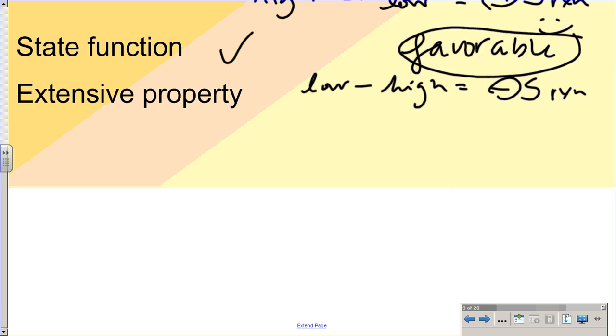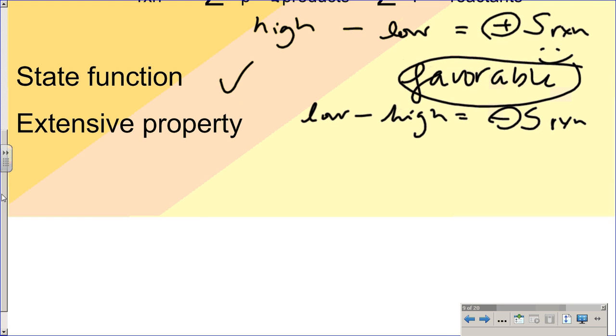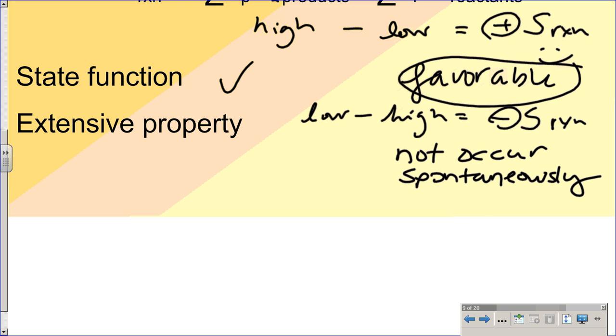That commonly will yield a reaction that does not occur spontaneously. So in the end, we would say that would be unfavorable for the universe if that happened. We're always trying to satisfy the universe, whatever that is. That is the end goal in chemistry.